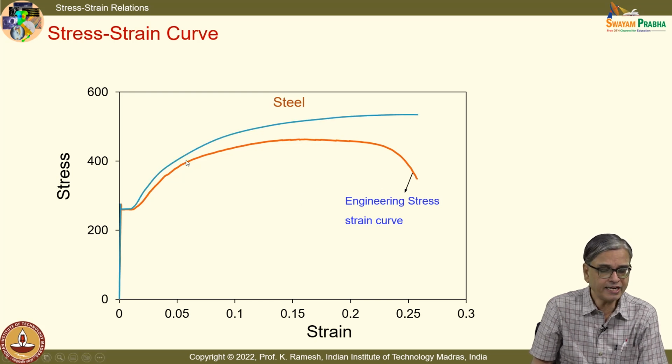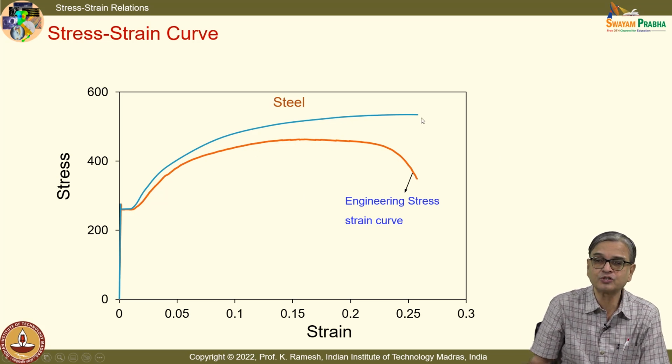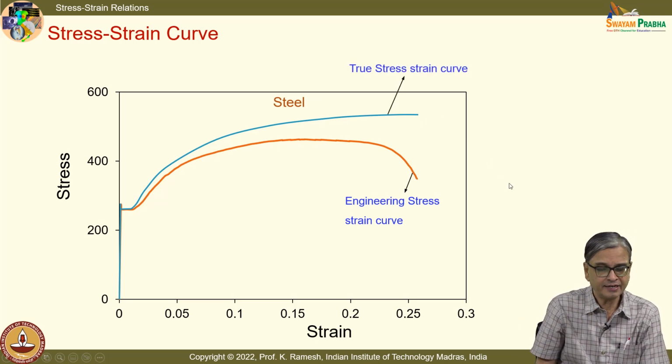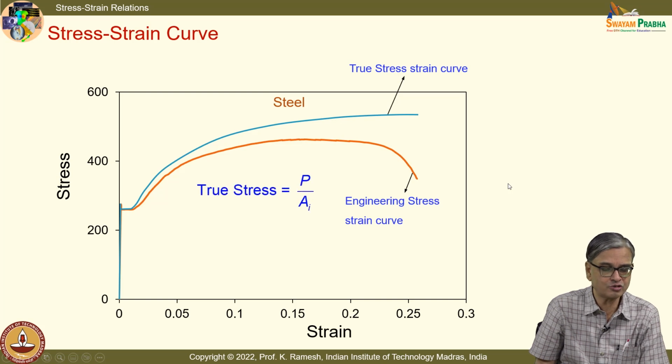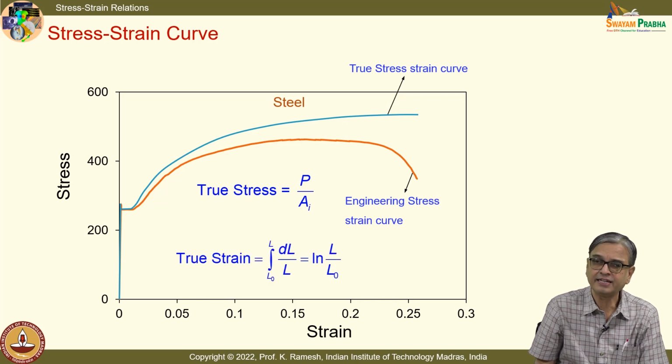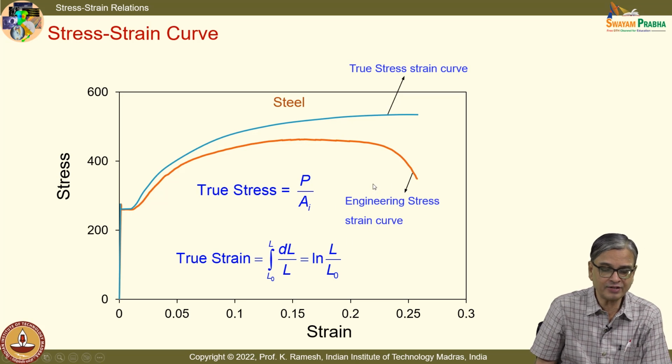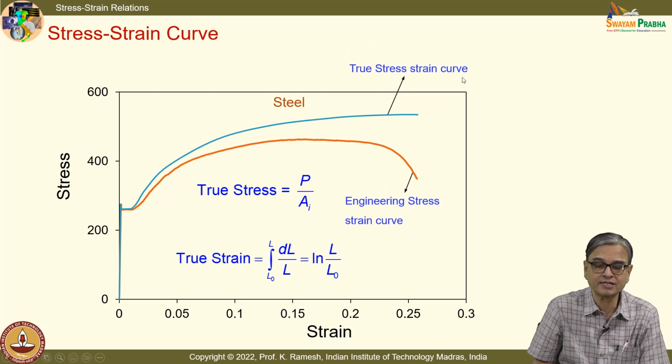And when I plot it with the new definition of strain, the graph will keep moving up because you are also correspondingly changing the area of cross section. And this is called a true stress strain curve. And you have the definition of true stress as P by A instantaneous, and true strain is integral dL by L. Just to distinguish from your conventional stress strain curve, they have labeled this as true stress strain curve.